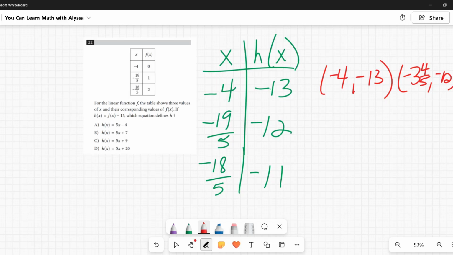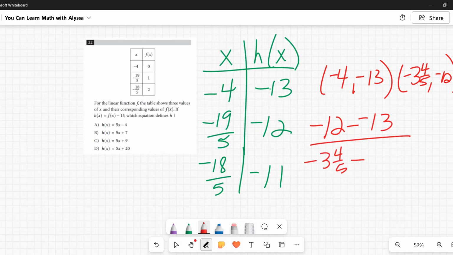And instead of saying this minus those, I'm going to do this one minus these, because it does not matter. It's the same. So -12 minus a -13, there's my y's on the top, and -3 4 fifths minus a -4.